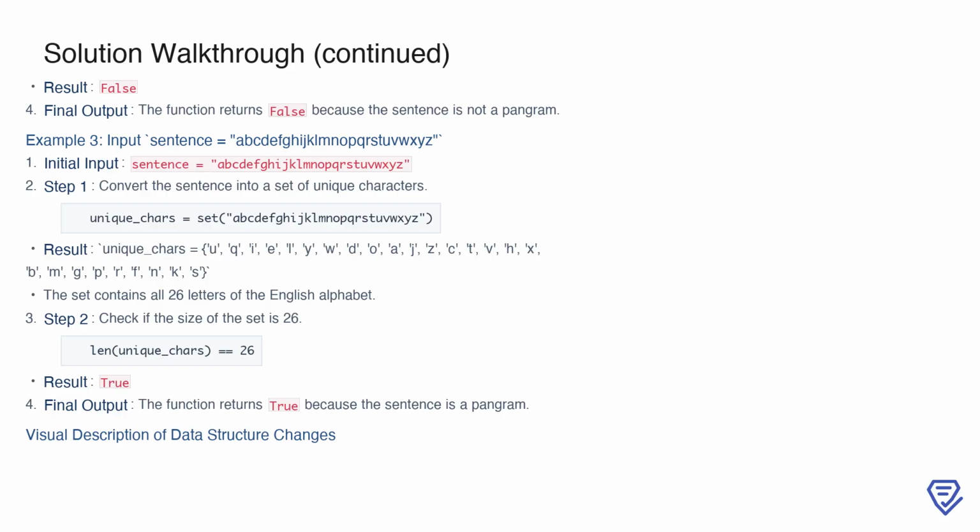Let's now look at another example. For the input sentence equals ABCDFGHIJKLMNOPQRSTUVWXYZ, we convert the sentence into a set of unique characters using set.